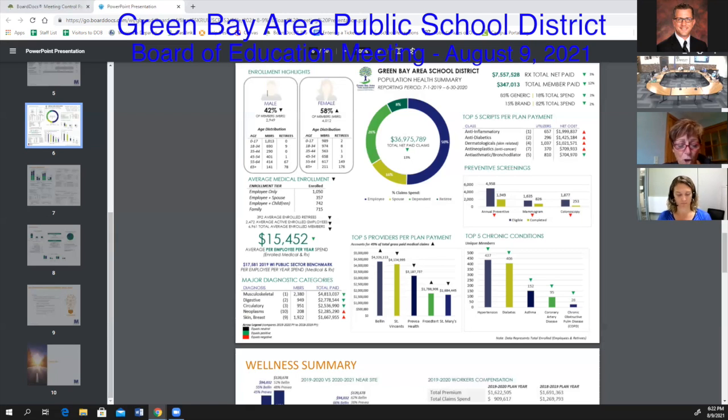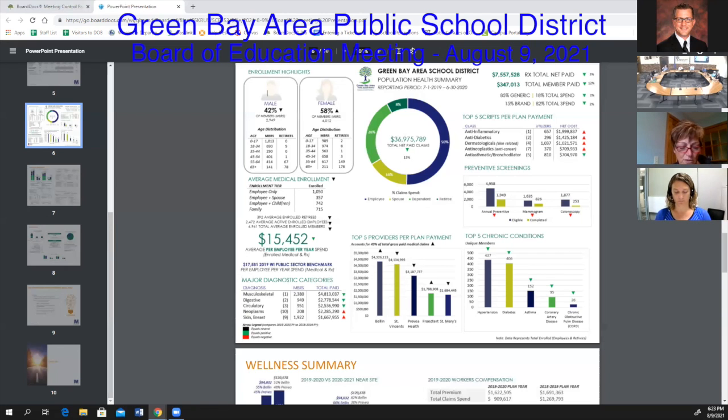The average cost per employee per year is $15,452. That is down slightly from the prior year, and it is significantly lower than the public sector benchmark of $17,581. The major diagnostic categories that we see coming through the plan in this plan year are the top 5 listed here. Next to them, you'll see where they were in ranking in the prior 12-month set.